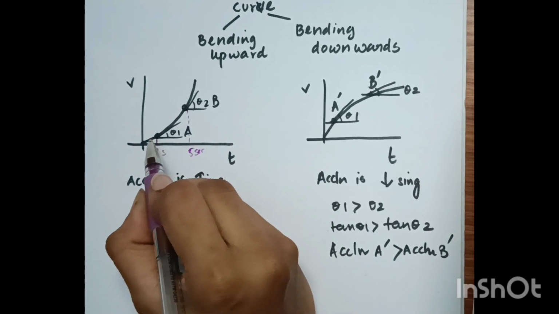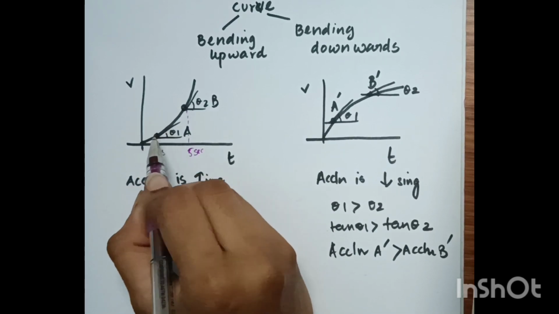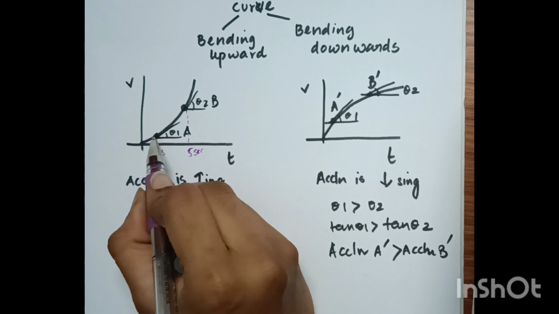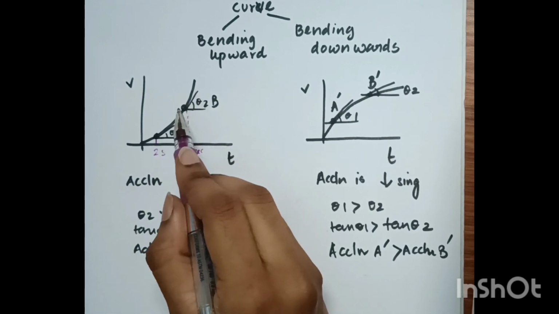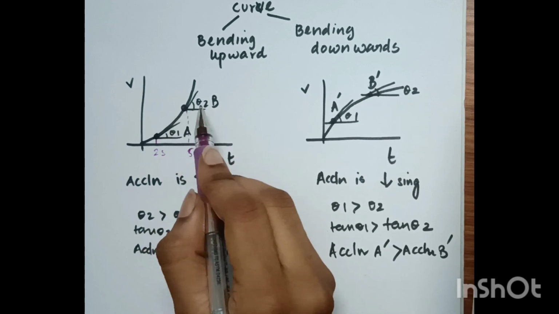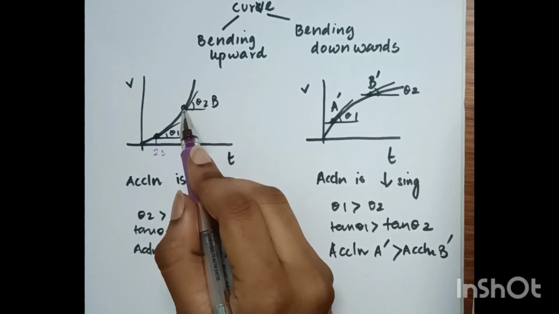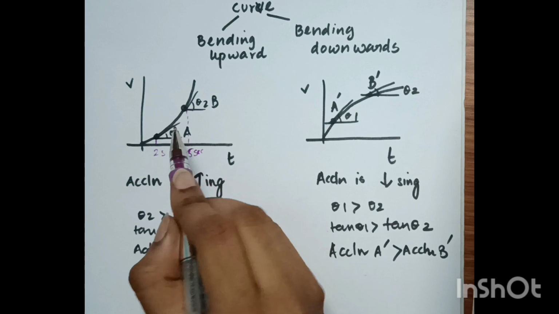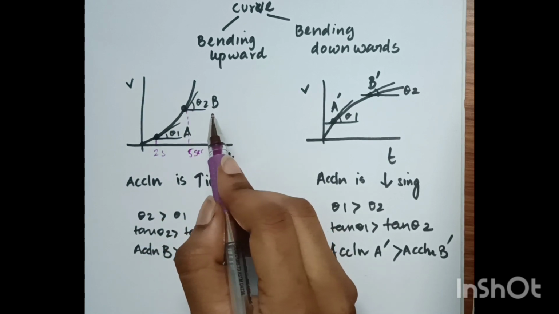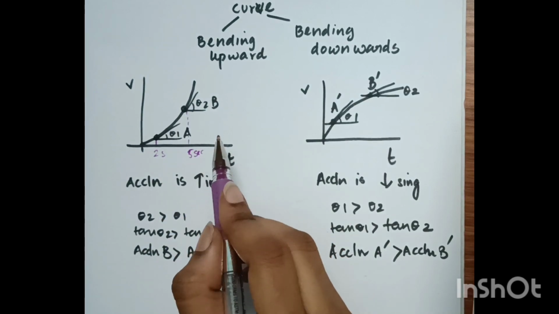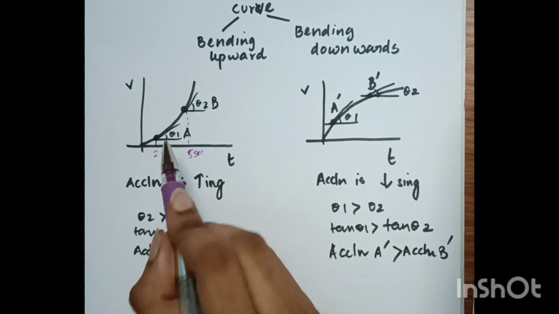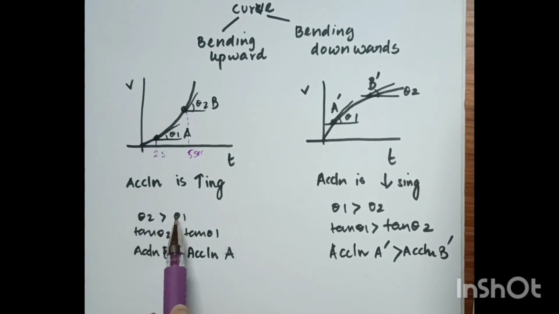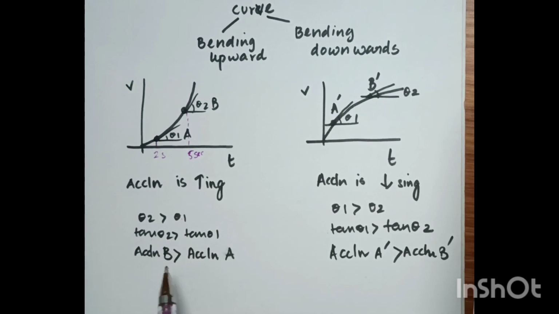At 2 seconds in this graph we can see it is theta 1, and at the 5th second we can see slope is theta 2, tan theta 2, or the angle made by the tangent and time axis is theta 2. We can very well see theta 2 is greater than theta 1. If theta 2 is greater than theta 1, then tan theta 2 is greater than tan theta 1.